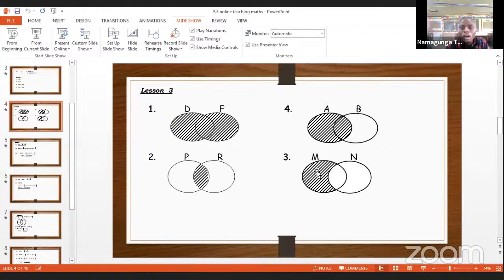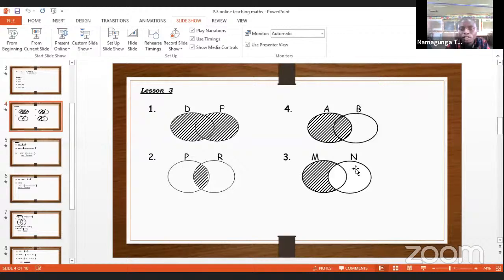We have here our number 3. It was talking about set M only in M and N. So we draw our first set, set M. We go and draw our second set, set N. Then we shade only set M, because they have told us set M only. We don't touch set N. So we only shade set M only.